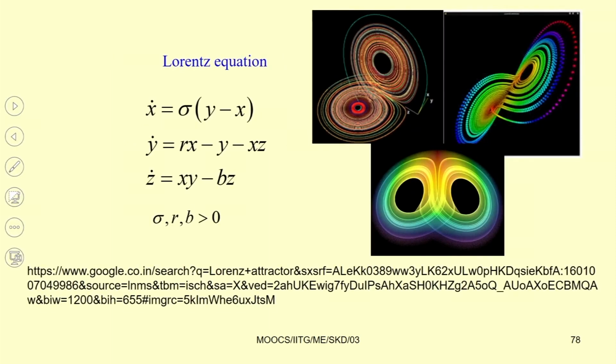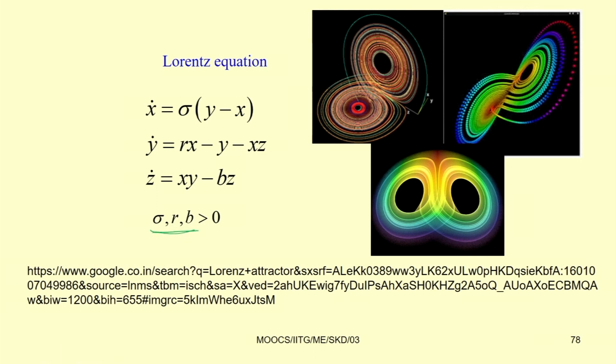You might have heard about another type of equation. Here we have written 3 first order equations: x dot equal to sigma into (y minus x), y dot equal to r x minus y minus x z, and z dot equal to x y minus b z. Here we have 3 parameters, sigma, r, b.